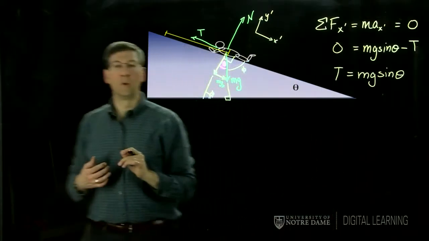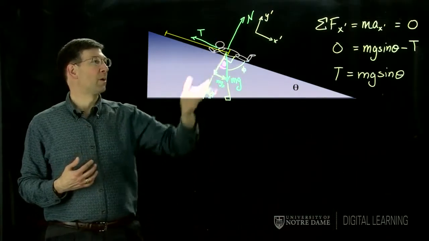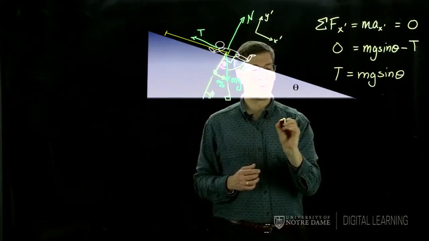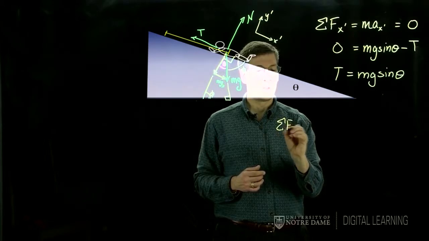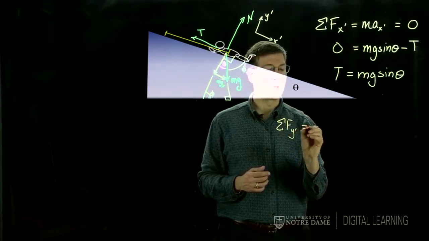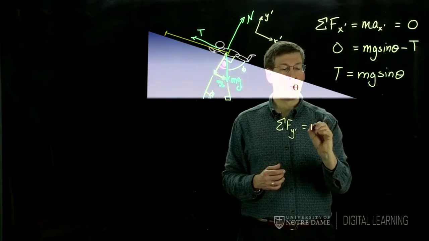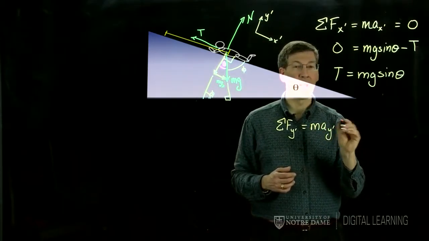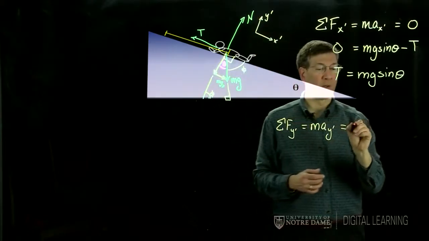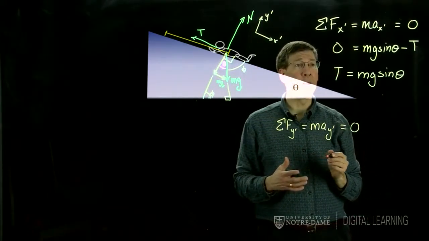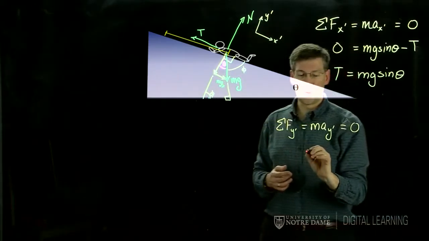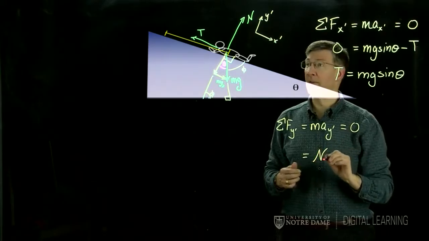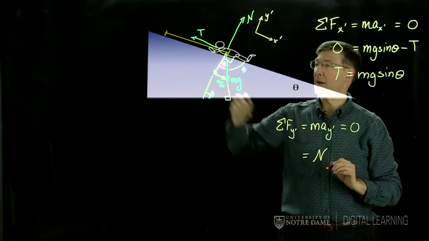OK, and so now we can exploit the vertical components to find the normal force. So we can write that the sum of the forces in the new y direction is going to be equal to the mass of the climber times his or her acceleration in the new y direction, because again, there's no motion perpendicular to the slope. This is equal to 0. And so the two forces that are acting in this case, I've got a normal force that acts upward, that's positive, and then I have the component of gravity that acts downward.